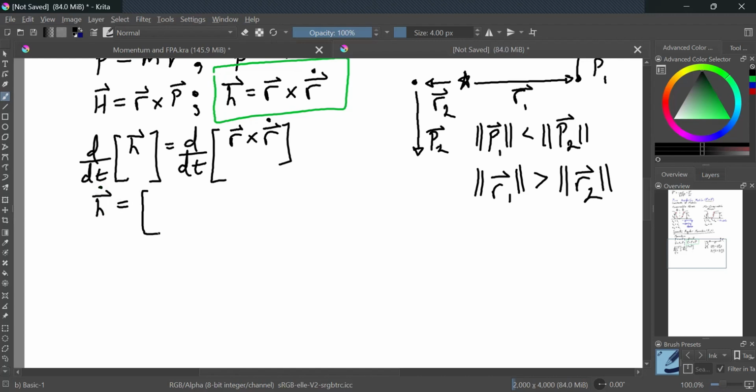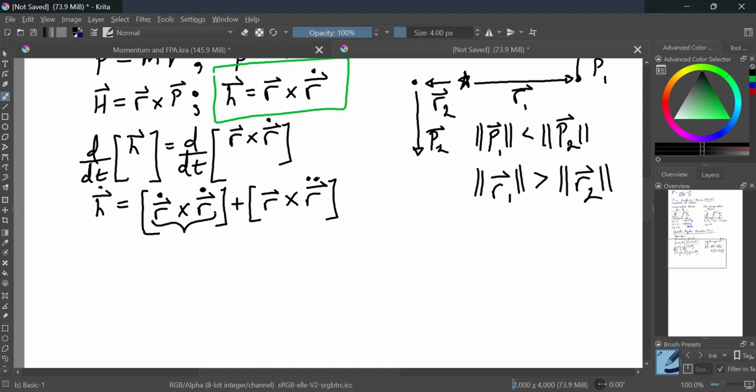And the derivative of the first times the second. And even though these are cross products here, it is still a multiplication, so we can, for the purposes of derivation, treat it like a multiplication. Plus the first times the derivative of the second.